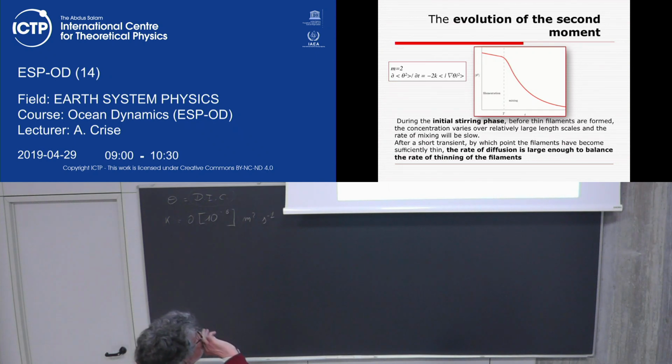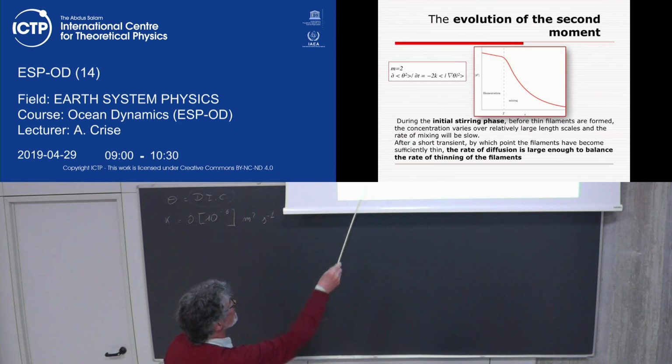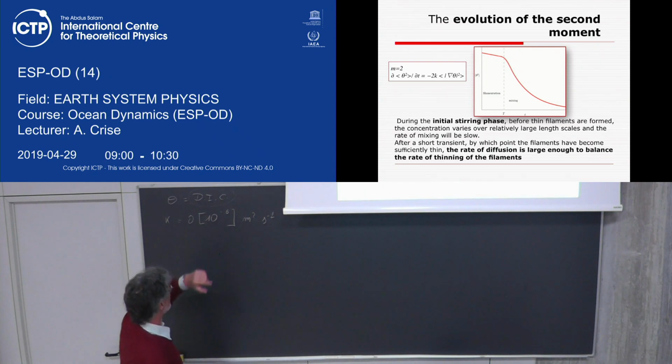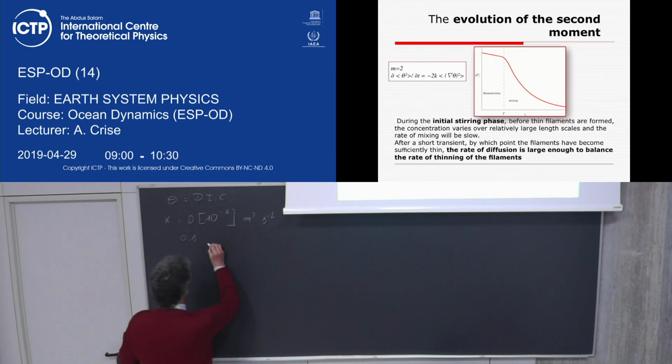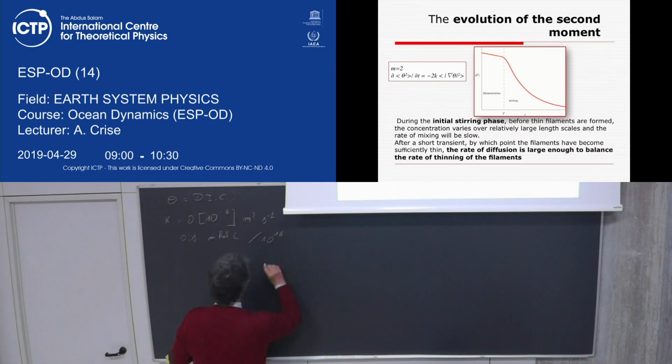So the gradient of DIC, rather, is about 0.1 millimole carbon per 10 meter.